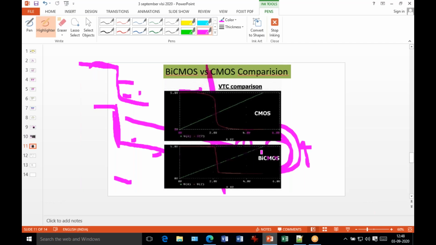So this is a good performance. The DC characteristics is good in case of BiCMOS. Here W by L does not create a problem. The characteristics of BiCMOS are very good as compared to CMOS.